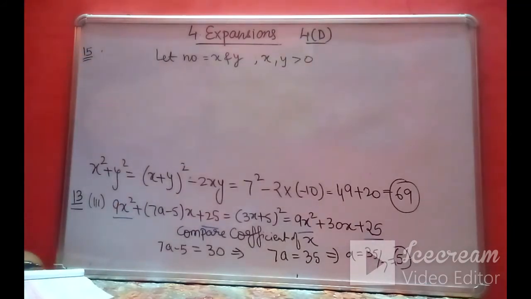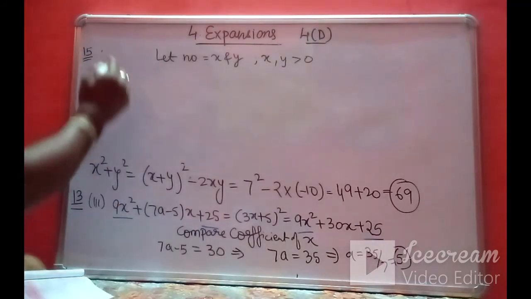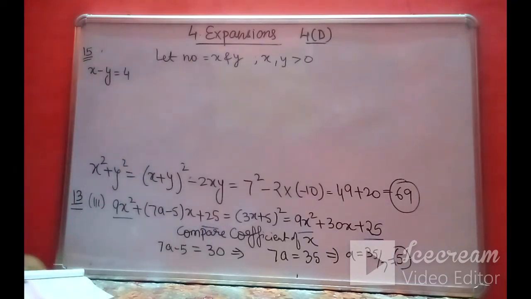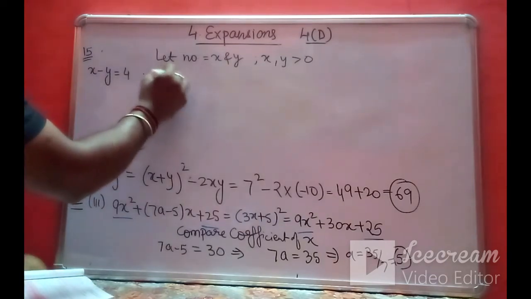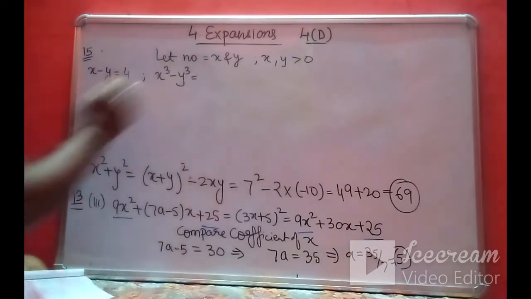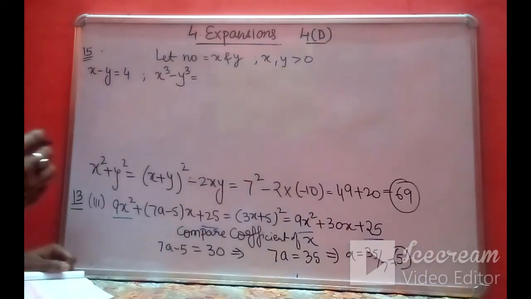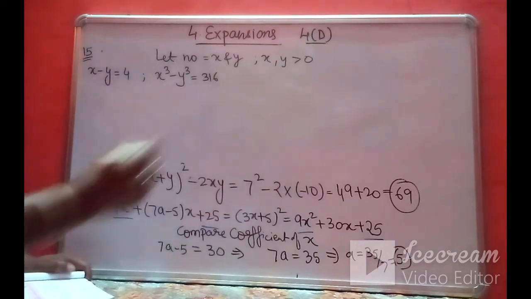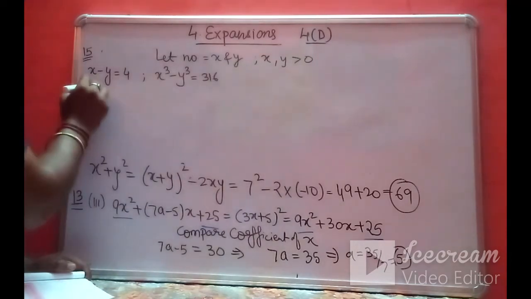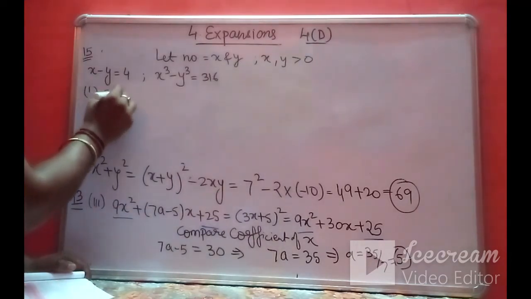The difference between the two positive numbers, that is x minus y equal to 4. The difference between their cubes, x cube minus y cube equal to 316.